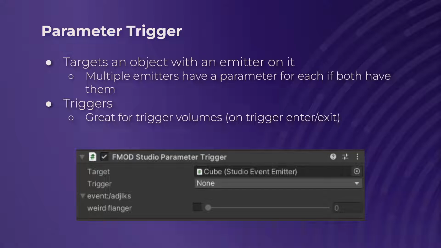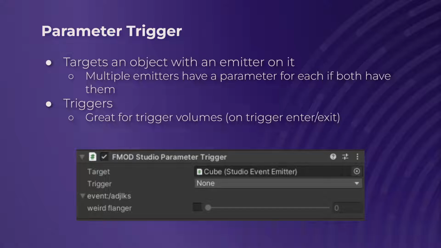Basically, these target an object. So you drag and drop in a game object, usually some sort of trigger volume. And if something happens with that object, one of the trigger conditions that you pick from the dropdown, it will affect this parameter, which is super cool.